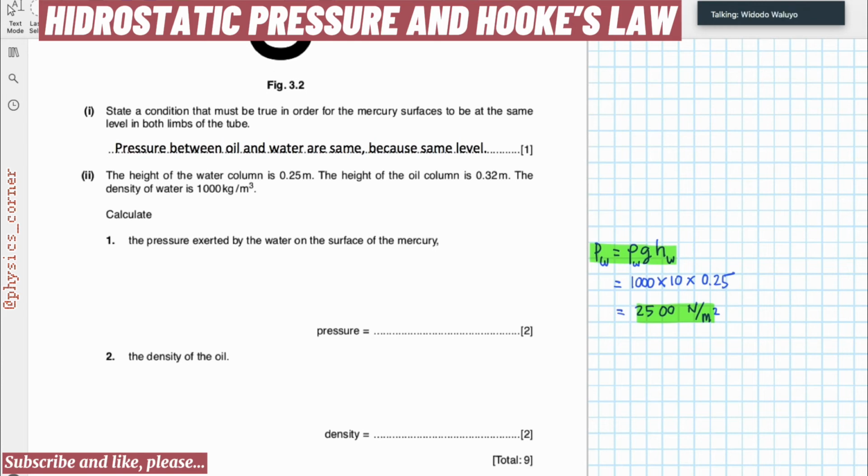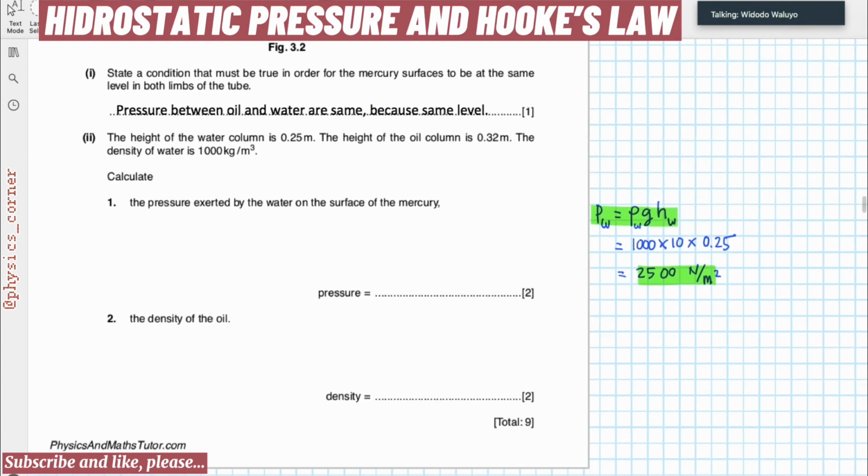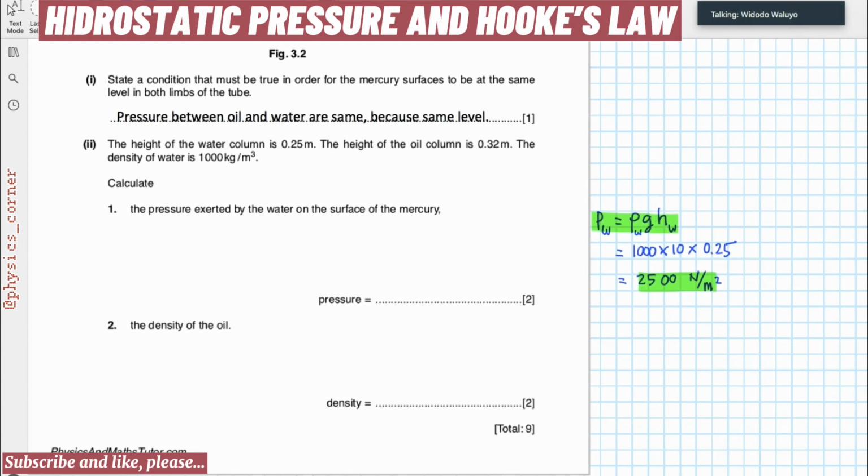Okay, the density of oil. Now density of oil. After we know pressure of water, the next question is about density of oil. So what I mentioned before, the pressure between oil and water are the same. So we will use this. P water equals P oil.